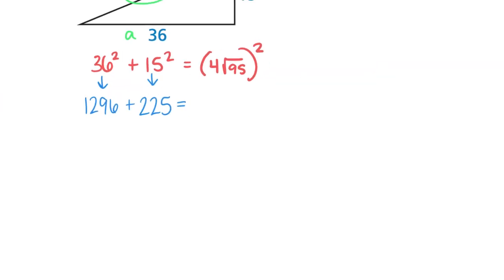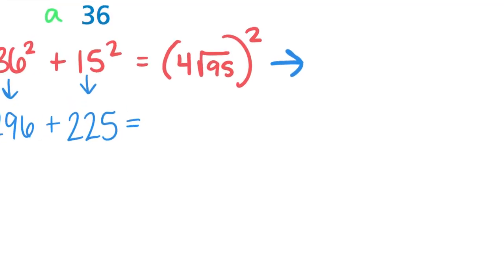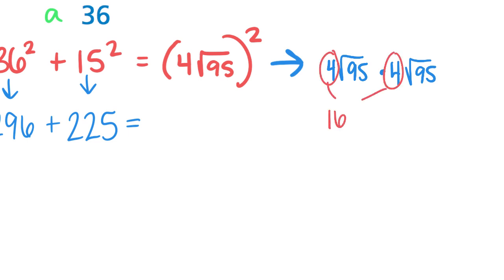And then this one I'm going to do off to the side over here because it's a little complicated to square something like this. So again, remember this means 4 root 95 multiplied by itself. So I'm going to do this, 4 root 95 times 4 root 95. One thing we can do with these 4s, that's just 4 times 4, so that's 16.